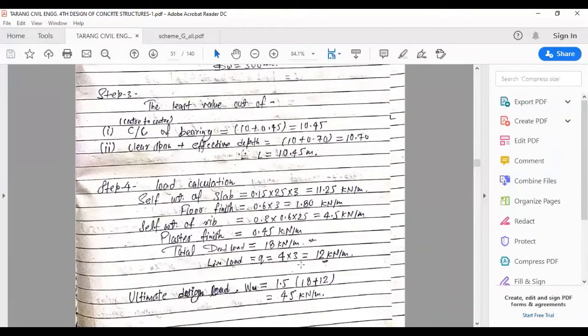Now load calculation, it is step 4. First we'll find the self weight of slab, because it is 150 mm thick, so 0.15 multiplied by 25 multiplied by 3. Mind it, 25 is the per meter cube weight of the reinforced concrete.